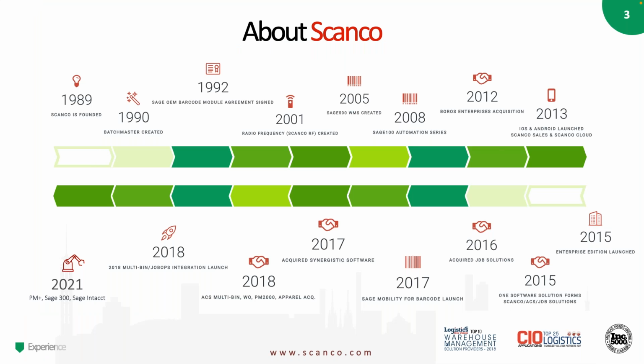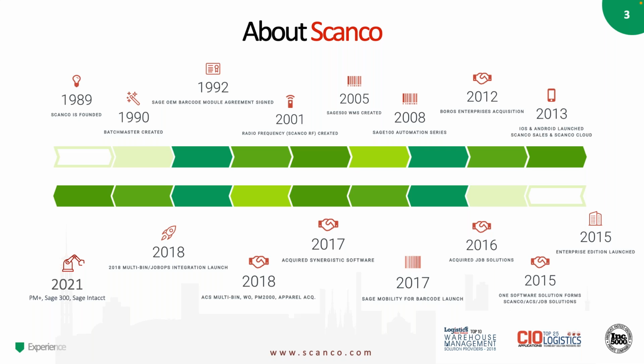So you're going to see a timeline here of Scanco. Since 1989, Scanco has been the leading provider of supply chain automation software and services. From our inception, we focused on innovative warehouse management solutions with a unique technology-driven approach. Our solutions deliver unequaled efficiency and visibility for distribution and manufacturing companies around the globe.